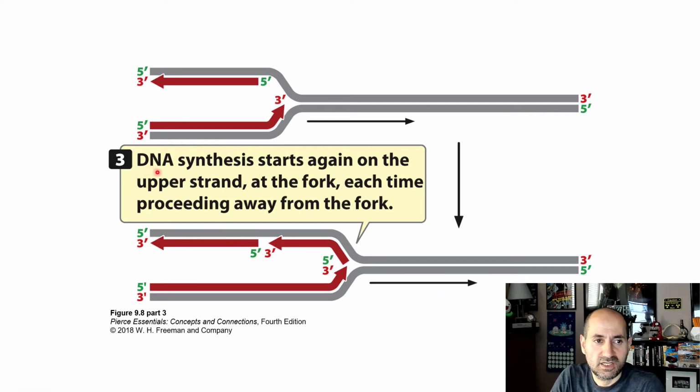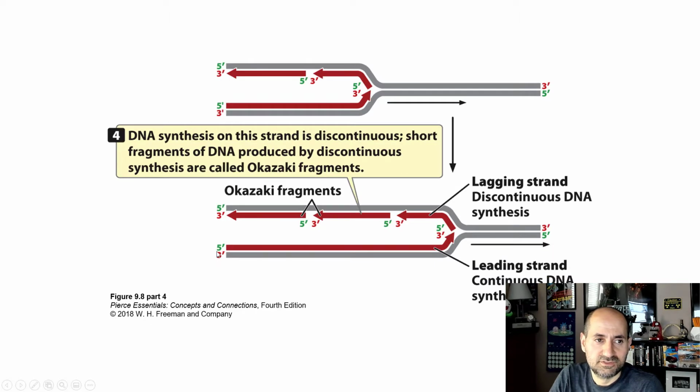So 3, it says DNA synthesis starts again on the upper strand, which is known as the lagging strand, at the fork, each time proceeding away from the fork. See? So every time you unwind the DNA a little bit, you're going to get another little segment formed on the lagging strand. This is due to the antiparallel nature of DNA.